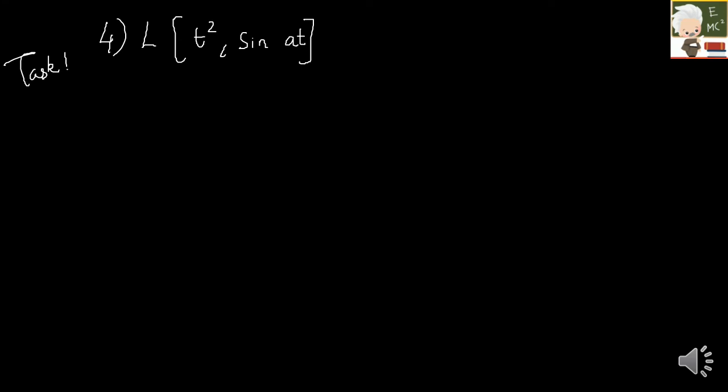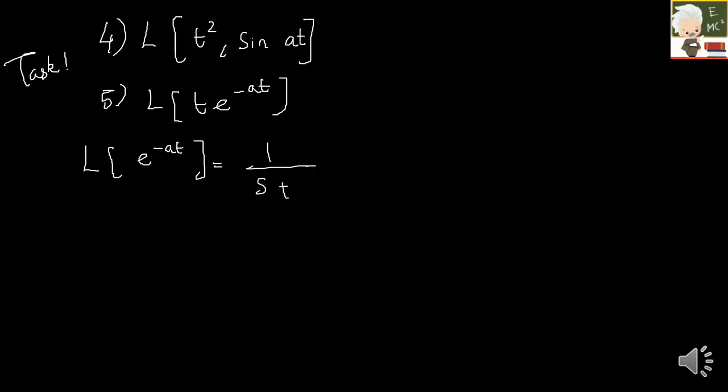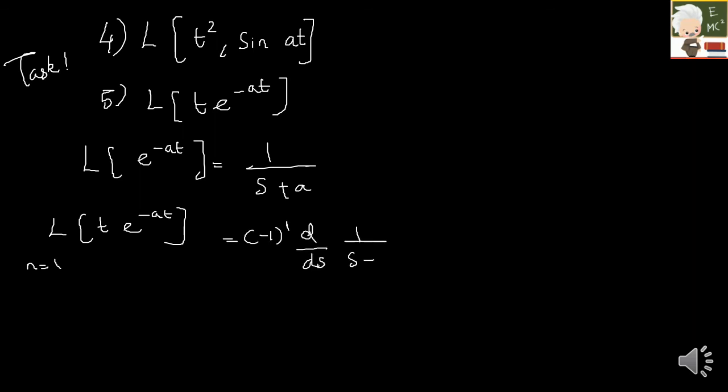The next question is question number 5. Find what is the Laplace transform of t into e raised to minus at. First, what is the Laplace transform of e raised to minus at? This is nothing but 1 by s plus a. Now I have to find the Laplace transform of t into e raised to minus at. So your n here is 1. So minus 1 whole power 1 d by ds of 1 by s plus a.